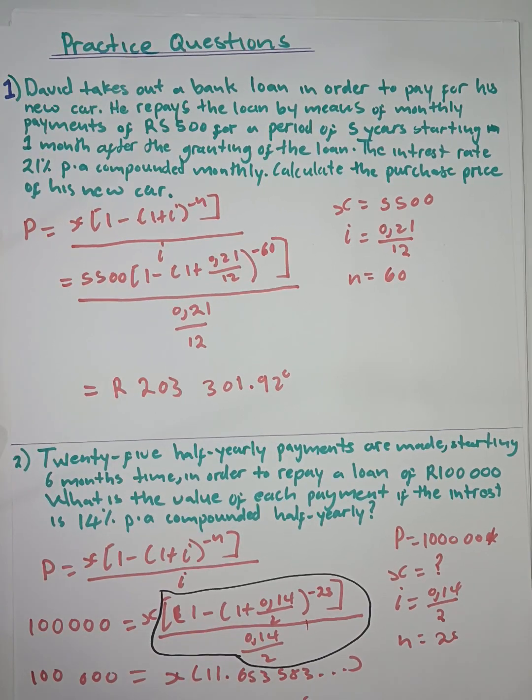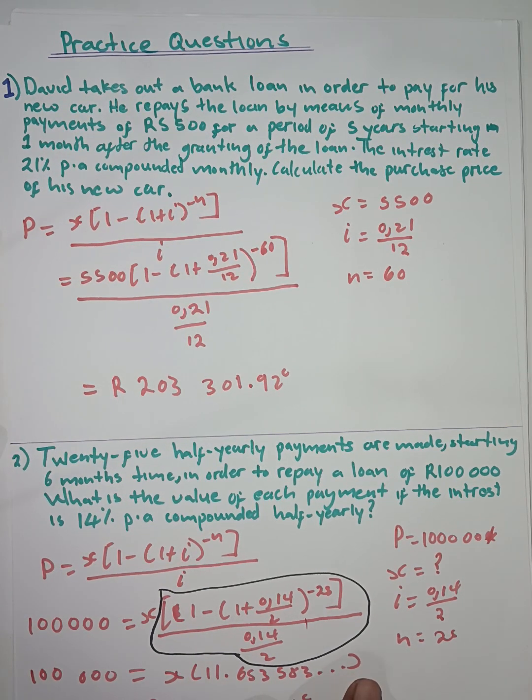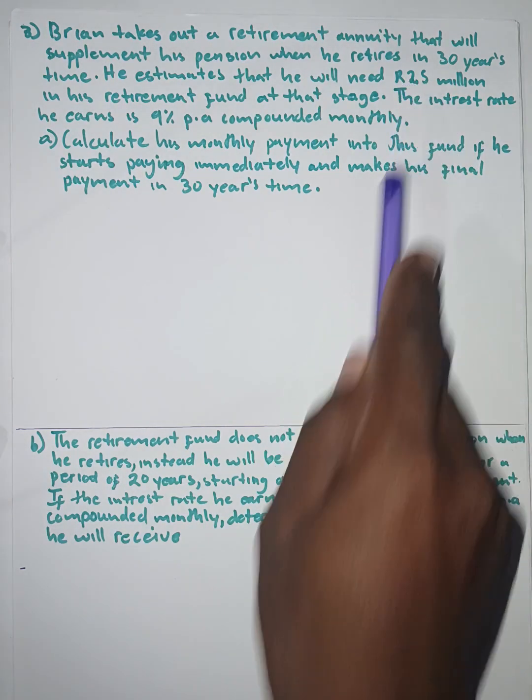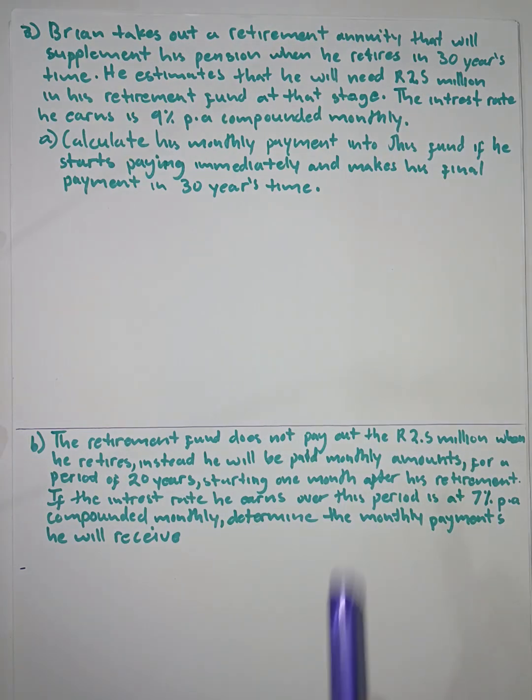So of course we're going to do the last question. Let me just pull that up. Question 3 says that Brian takes out a retirement annuity that will supplement his pension when he retires. In 30 years time, he estimates that he will need 2.5 million. Now listen to the terminology. They said that he will need 2.5 million, so this amount is the amount that is in the future.